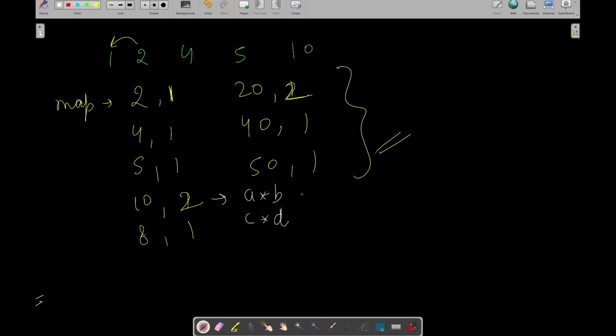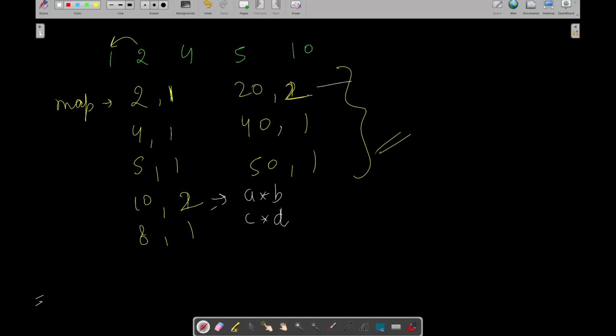Why? Because if A into B is giving the product as 10, then the second time there is also a different pair. Why? Because if there is B only, there should be A, and we are not repeating the pairs, right? So that's why 2 distinct pairs have given this product, right?